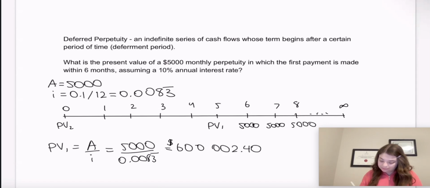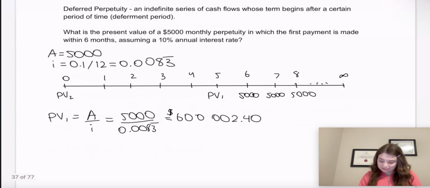So if we were going to wait for 5 months, which we are not, but if we were, that is how much we would need in the perpetuity in order to get $5,000 a month. Now that's a lot of money, but keep in mind $5,000 a month is pretty great. That's quite a lot of money that our investments are doing for us that we no longer have to do.